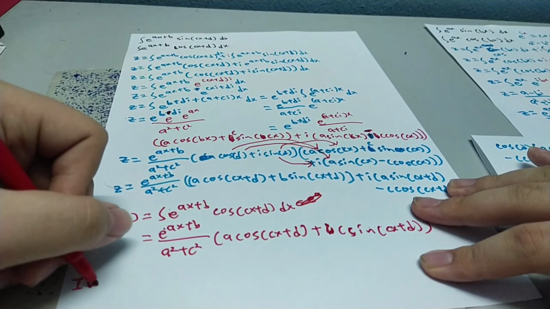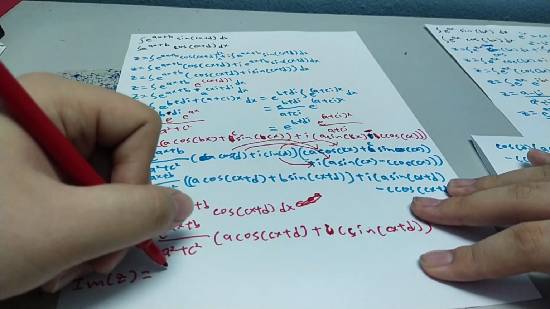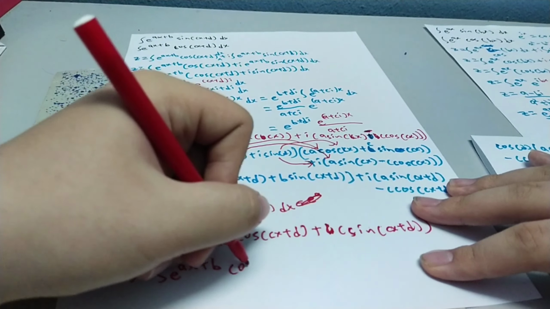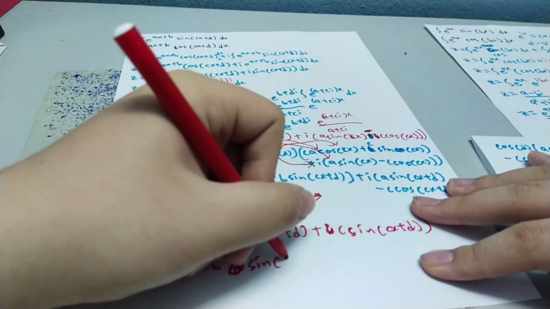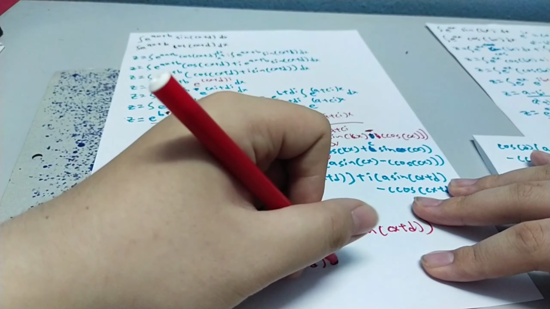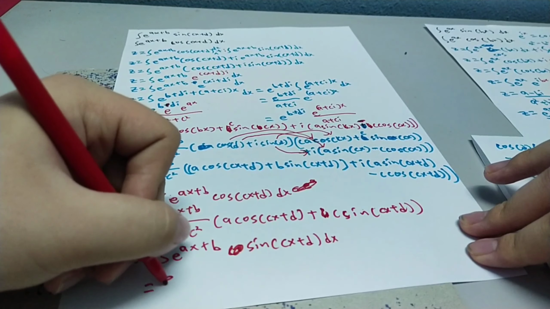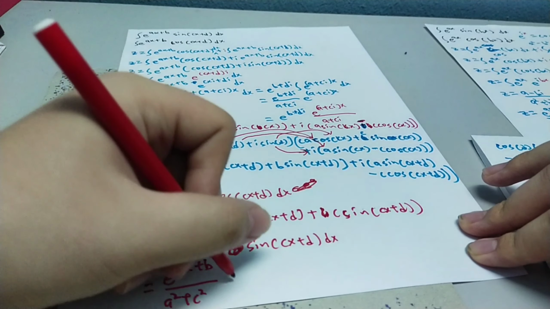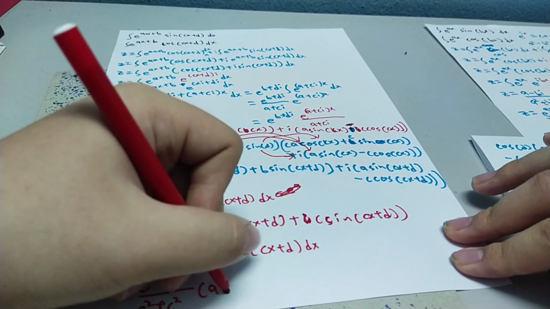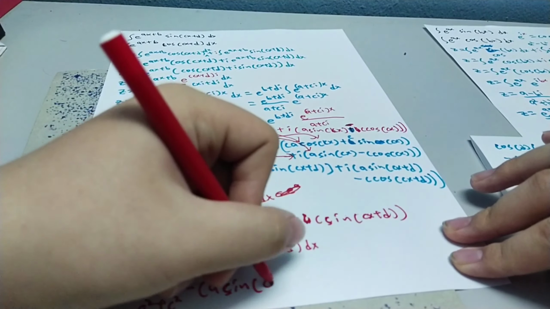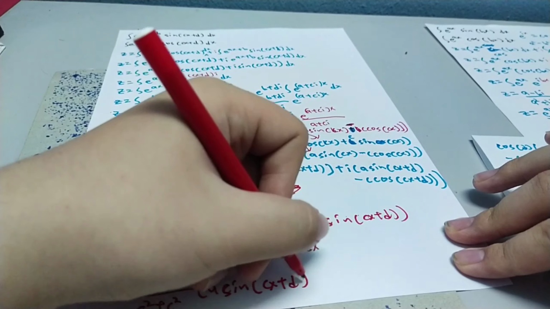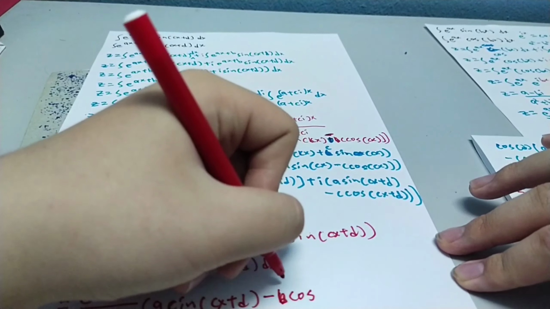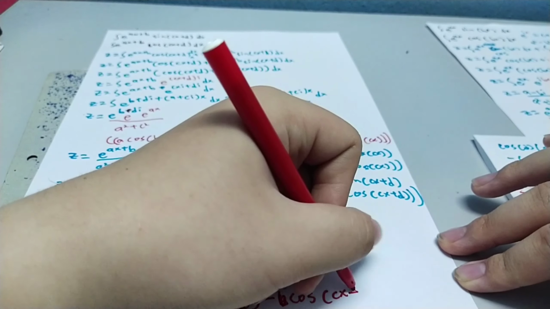And the imaginary part of z is equal to the integral of e power of ax plus b times sine of cx plus d dx, which is equal to e power of ax plus b over a squared plus c squared, times a times sine of cx plus d minus c times cosine of cx plus d.